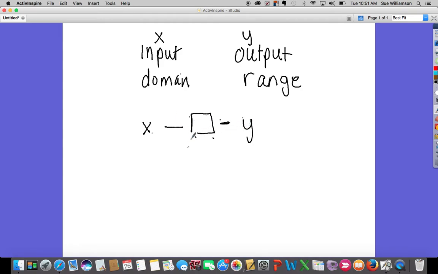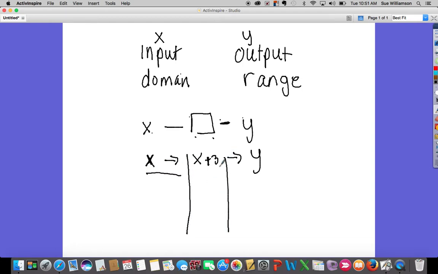And if my machine has an expression, it makes it easy for me to figure out my output. So for instance, if I have an input and I put it into what we call the rule, and say my rule is x plus 3, and it takes me out to an output.